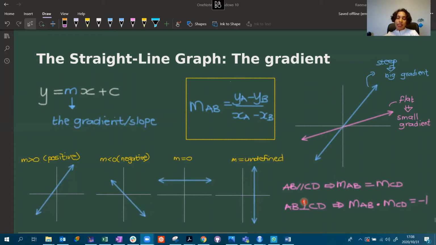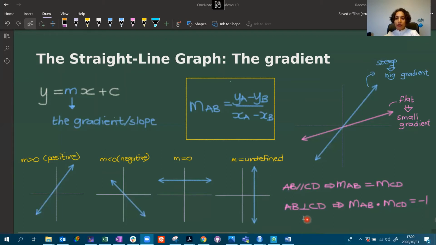Another important aspect of the gradient is that it tells us the relationship between parallel and perpendicular lines. If line AB is parallel to CD, then the gradient of AB is equal to the gradient of CD. So if you have lines with equal gradients, what you then know is that the lines are parallel.